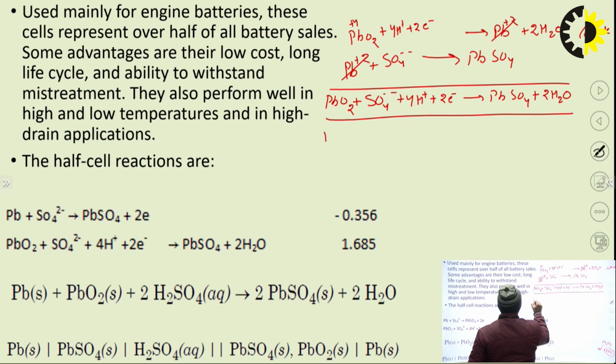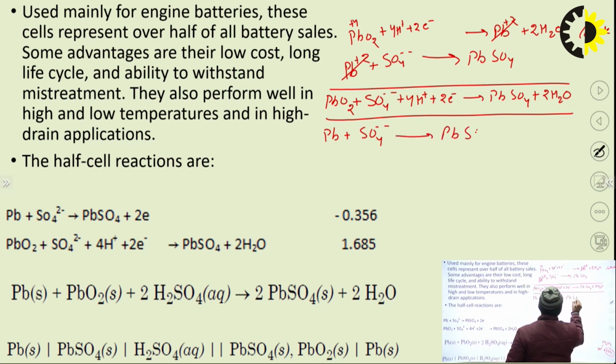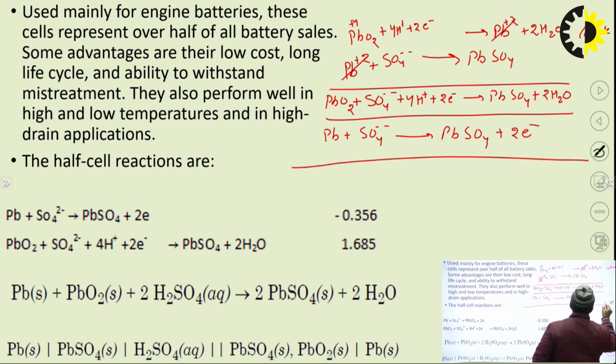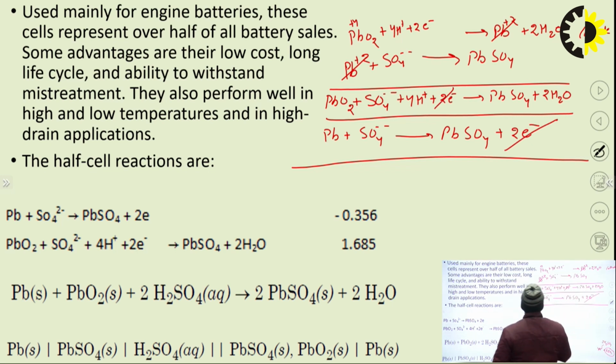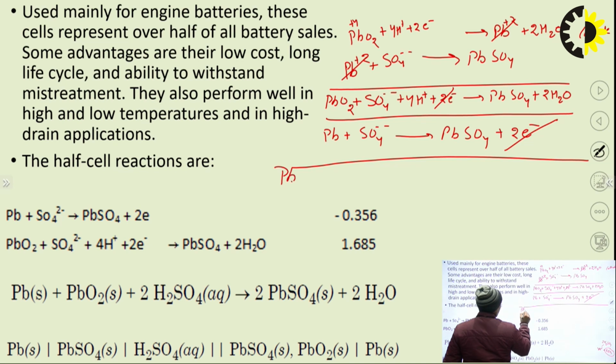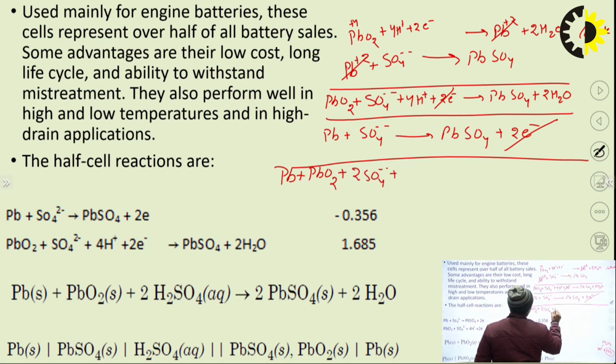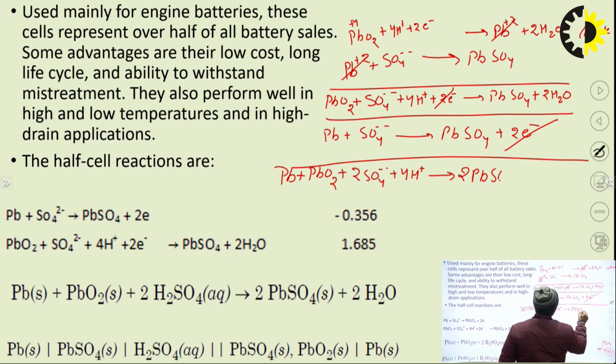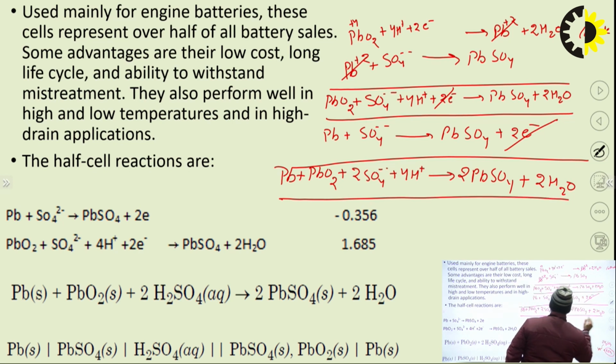This is Pb plus sulfate ion forming PbSO4 plus 2 electrons. So in the complete cell reaction 2 electrons cancel out, and here you can see lead plus lead oxide plus 2 sulfate ions plus 4H ion will form 2 PbSO4 plus 2H2O.